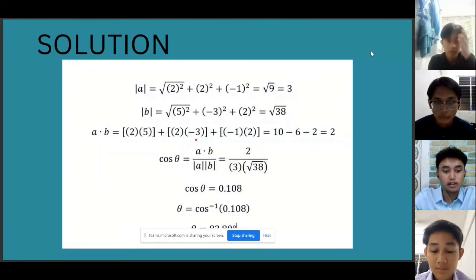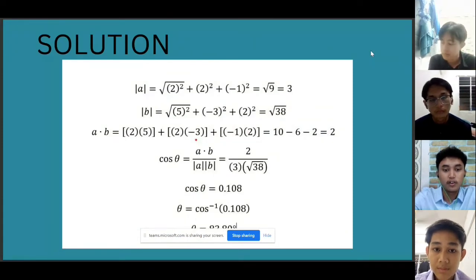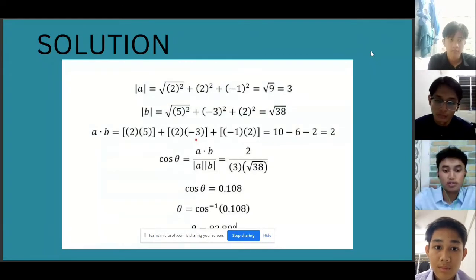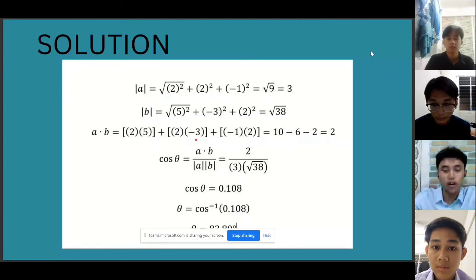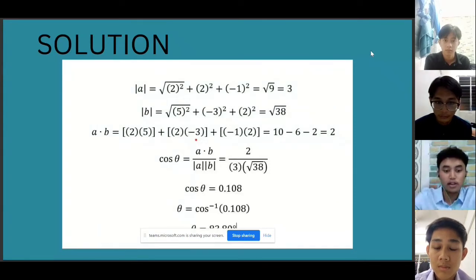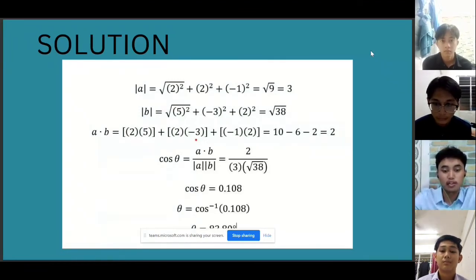For A, it is 2 squared plus 2 squared plus negative 1 squared, all under square root. We simplify to get 9 and take the square root to get 3. For B, we get 5 squared plus -3 squared plus 2 squared under square root. We simplify to get 38, and we just leave this as root 38.